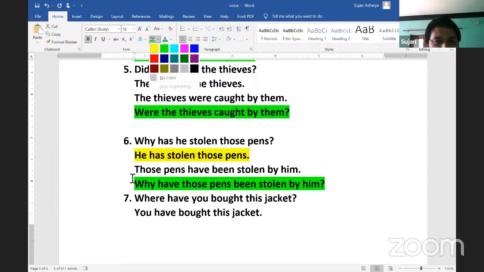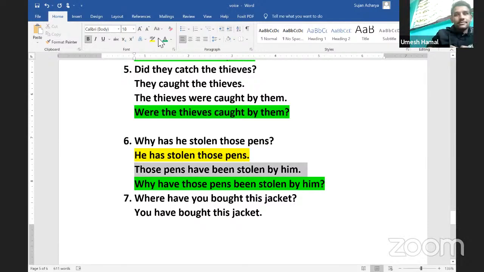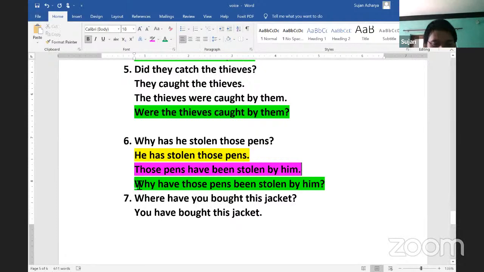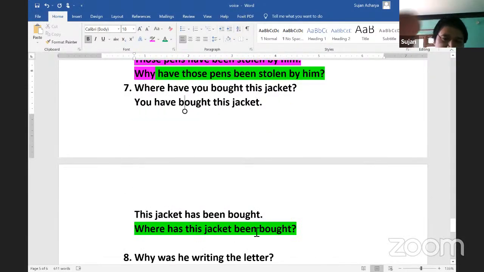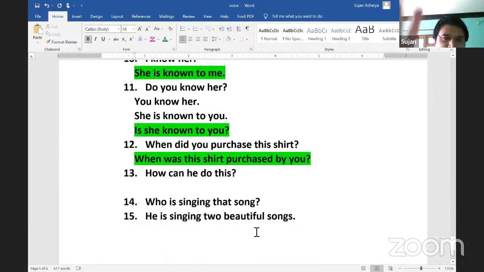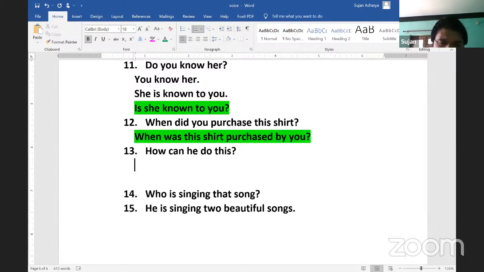Then change that statement into passive and then add the WH word. How can he do this?